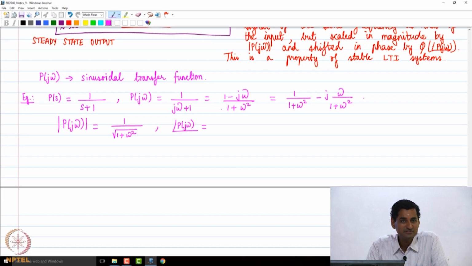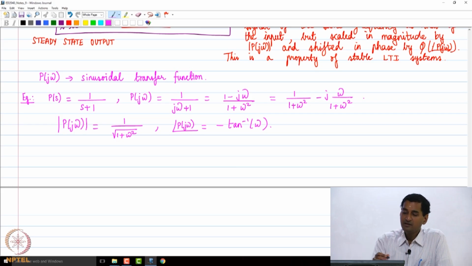It is going to be tan inverse of omega, but that is in the denominator, right. So, you have a minus. Okay. So, this is going to be the phase of P of j omega for this example. Okay. So, that is how we calculate the magnitude and the phase.